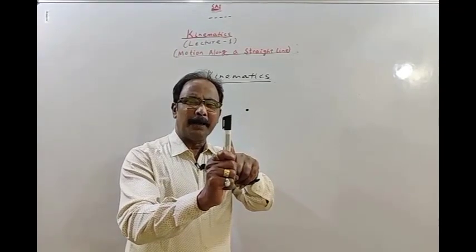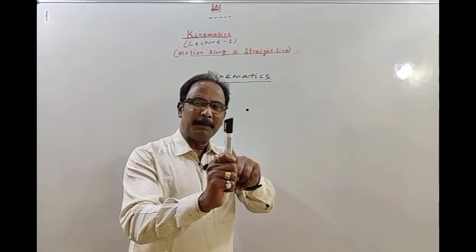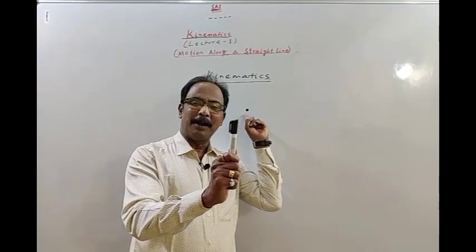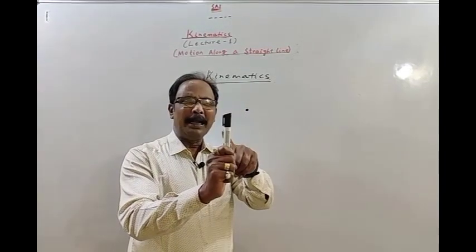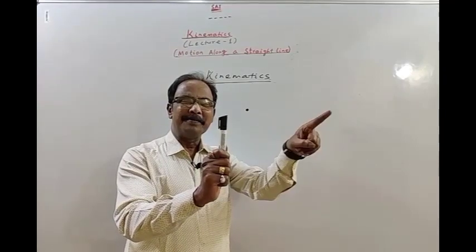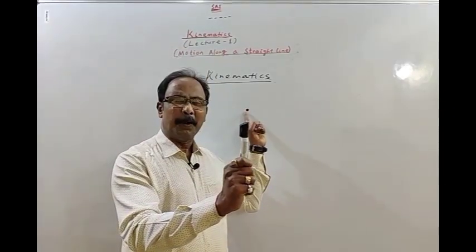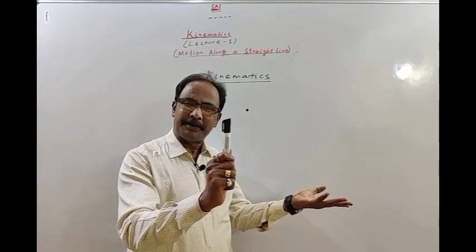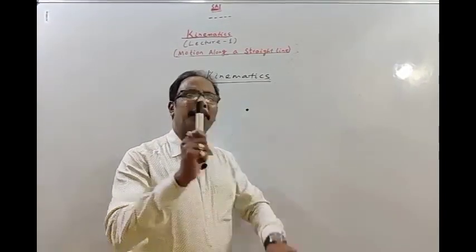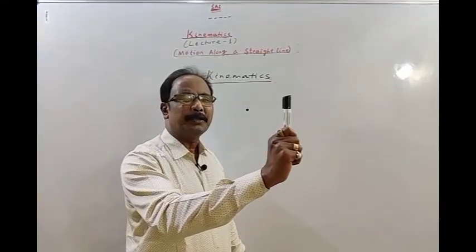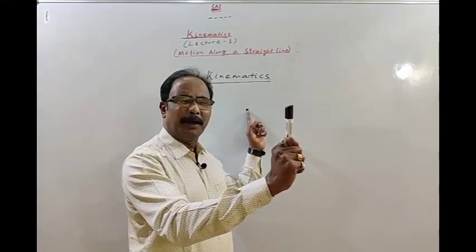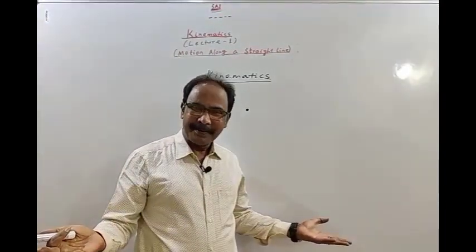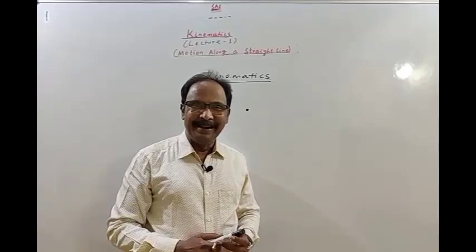I have to observe the position of the body with reference to the standard point. If the body doesn't change its position with respect to the reference point with time, then the body is said to be at rest. In other words, if the body changes its position with relation to the reference point, then the body is said to be in motion. Very simple.